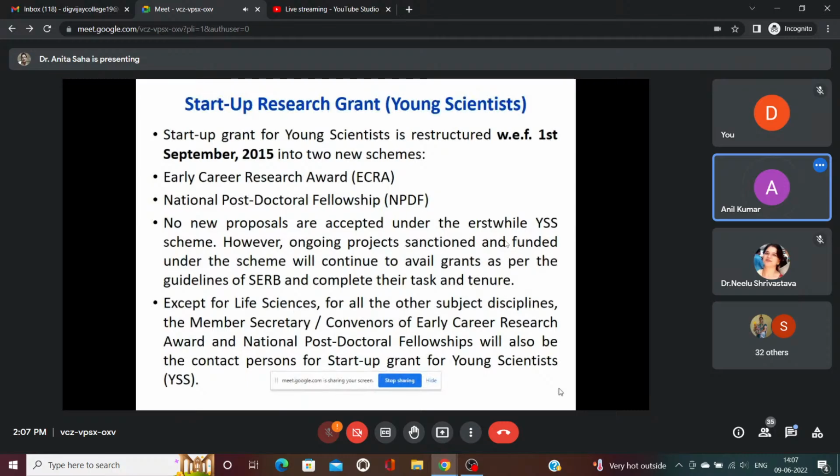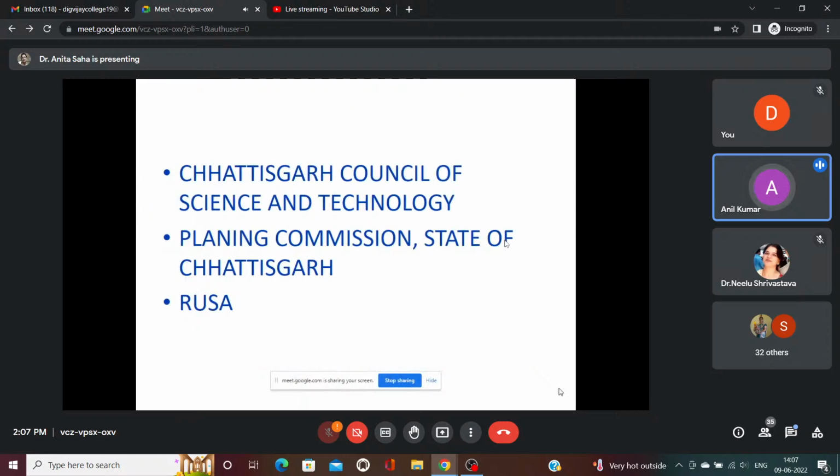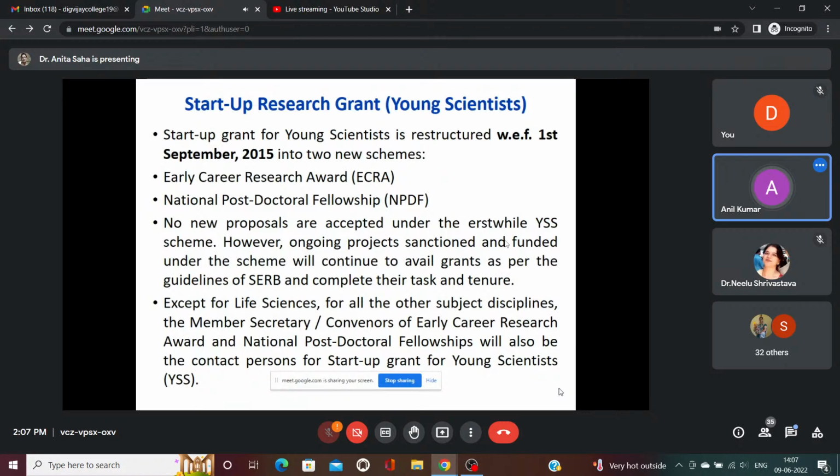Yes, there is one important scheme, the startup grant scheme. Fortunately, in our Chhattisgarh state, so many in the SERB after 2015 prepare one proposal and try to determine your line.